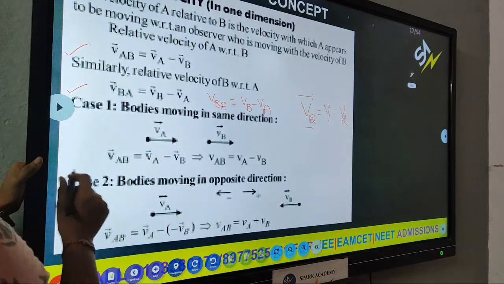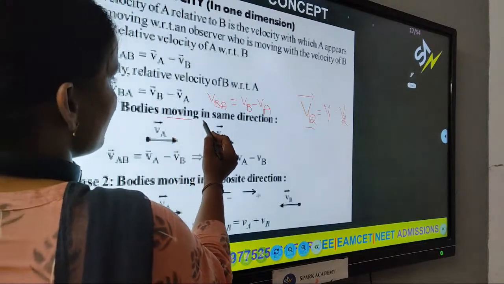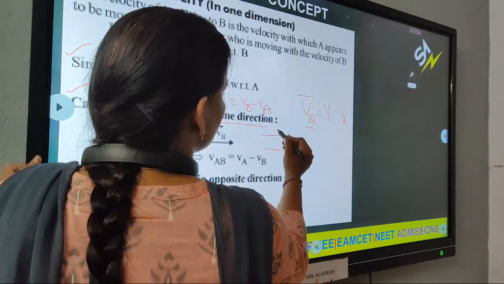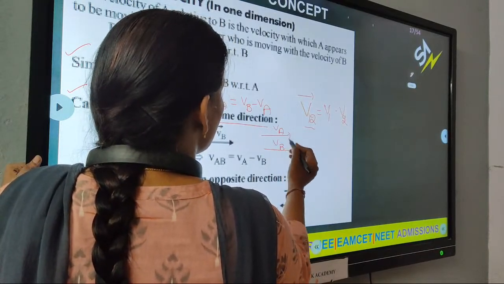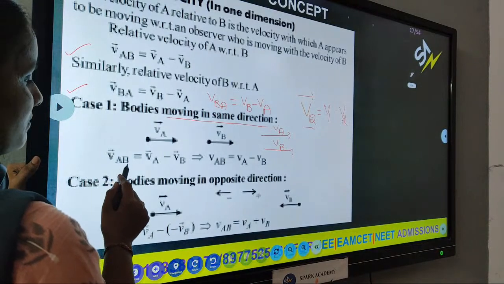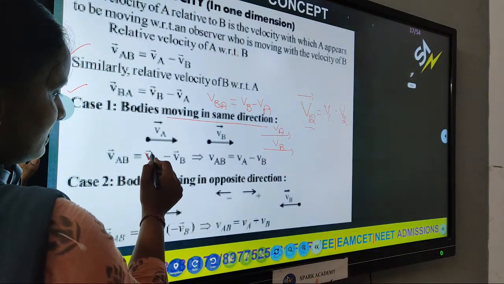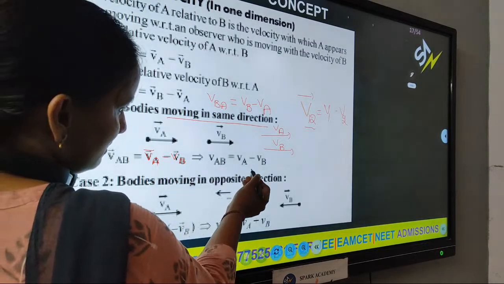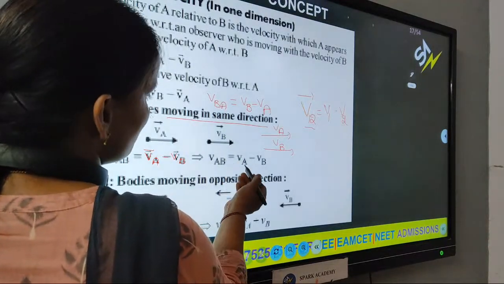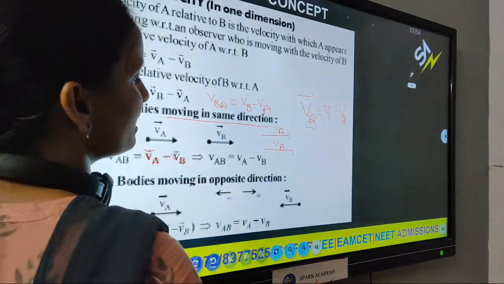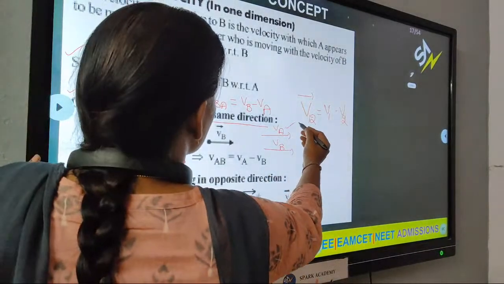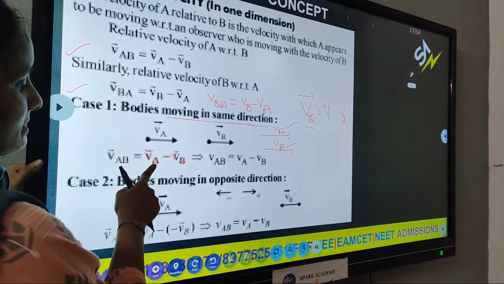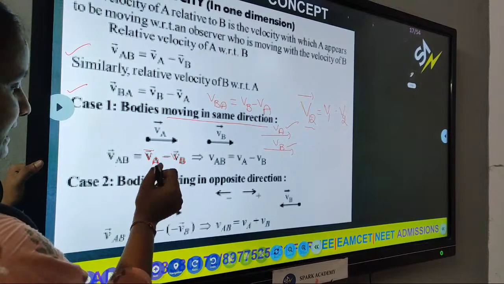In the case 1, if the objects are moving in the same direction, means A and B both are moving in the same direction with their speeds VA and VB, then velocity of object A with respect to B, we can write it as VA minus VB, and its magnitude we can find also like VA minus VB by giving their speeds. Velocity of object with respect to another object means first object velocity minus second object.